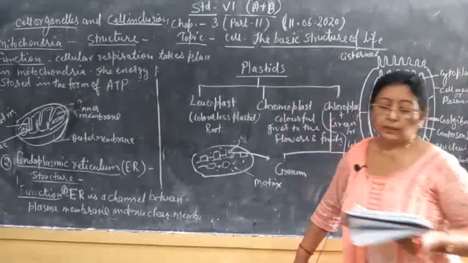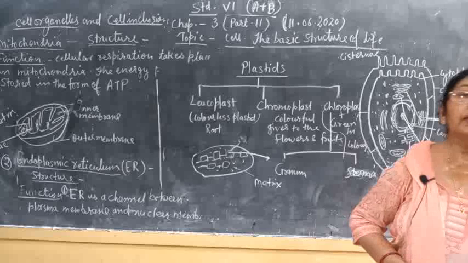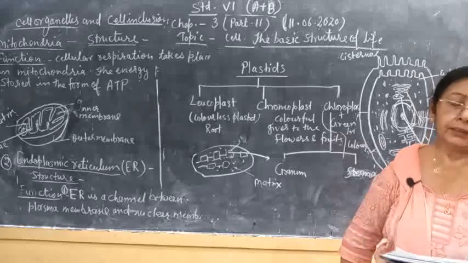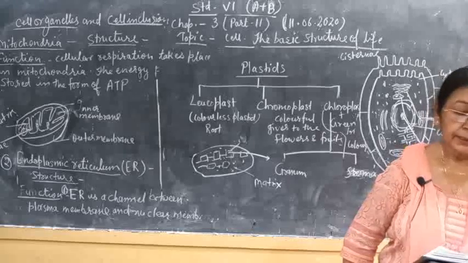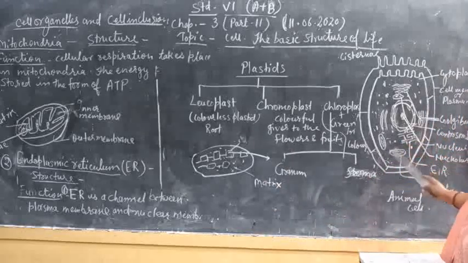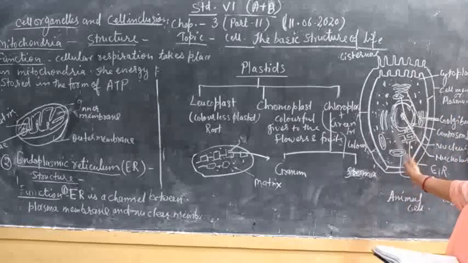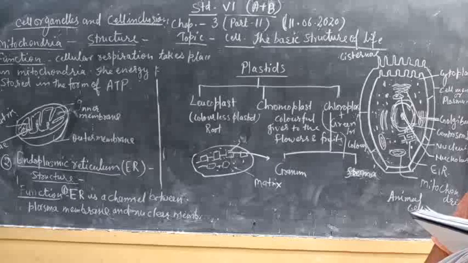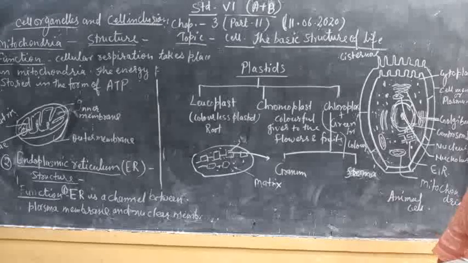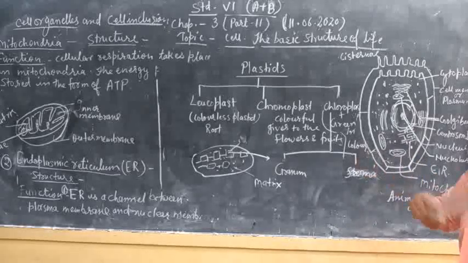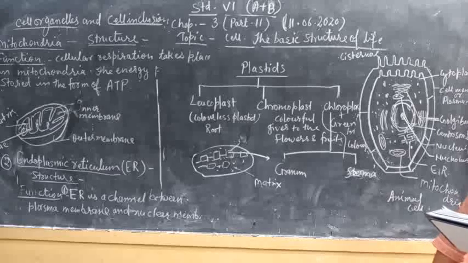Vacuoles are membrane-bound, living, fluid-filled spaces present in the cytoplasm. In plant cells, they are covered by a membrane called tonoplast.